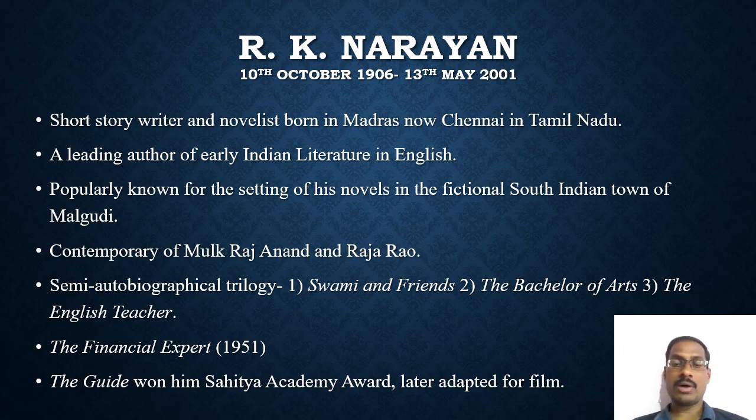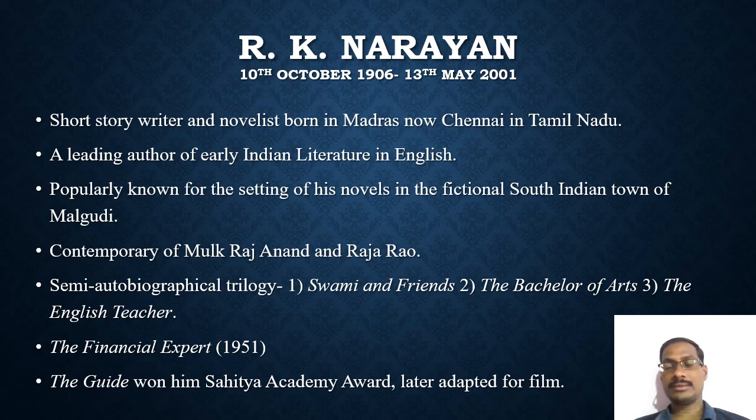So all the three novels were the novels written in his early age, for which the well-known author Graham Greene was instrumental in finding the publisher for his novels. So R K Narayan was popularly known for the setting of his novels in the fictional South Indian town of Malgudi.